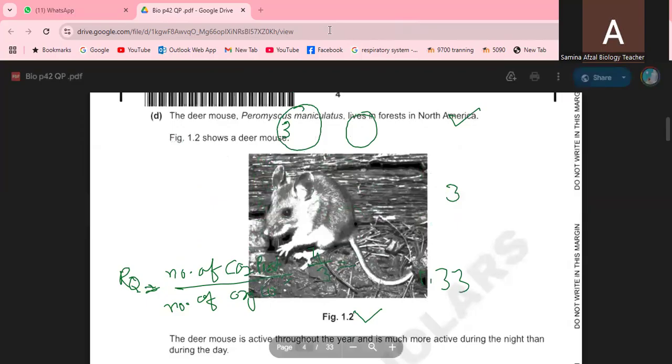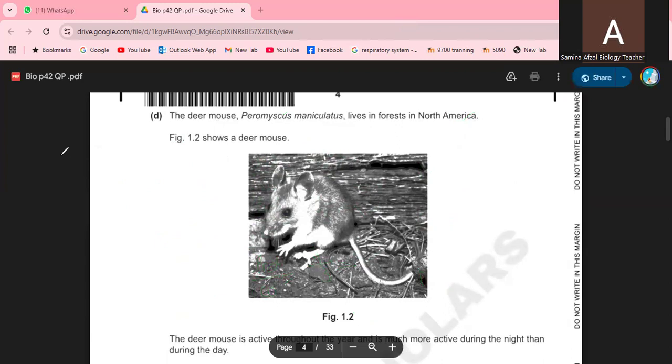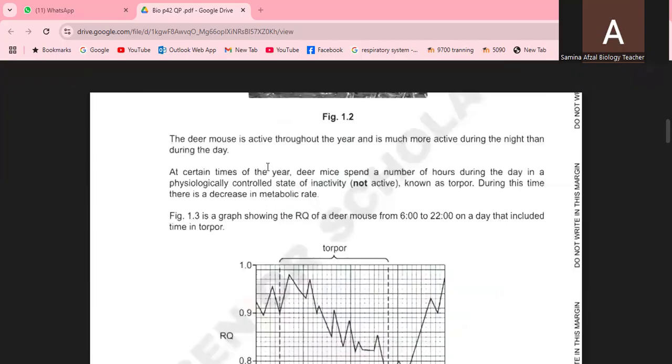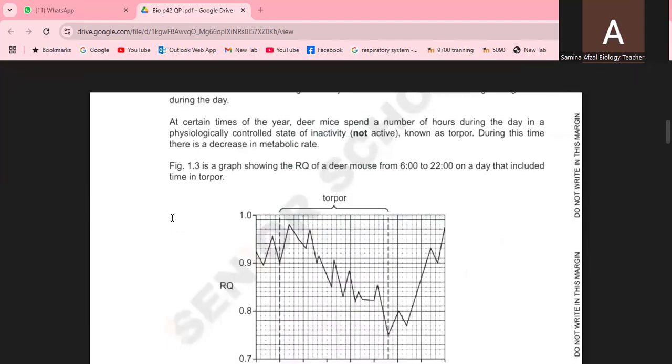Now we are moving towards the next part of the question, that is D, the deer mouse. Peromyscus maniculatus lives in forests in North America. The figure shows a deer mouse. The deer mouse is active throughout the year and is much more active during the night than during the day. At certain times of the year, deer mice spend a number of hours during the day in a physiologically controlled state of inactivity. That is called torpor.